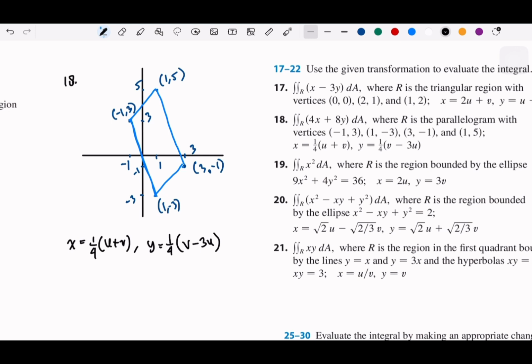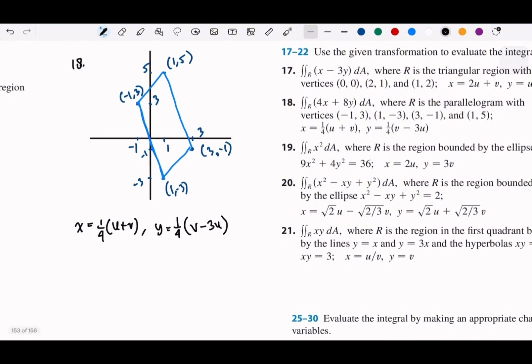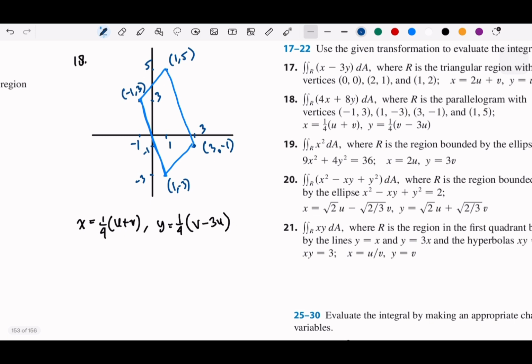What we should do first, my suggestion, is to get the Jacobian value. Basically, for the Jacobian we want the transformation from xy to uv, right? So this is the Jacobian that we want.